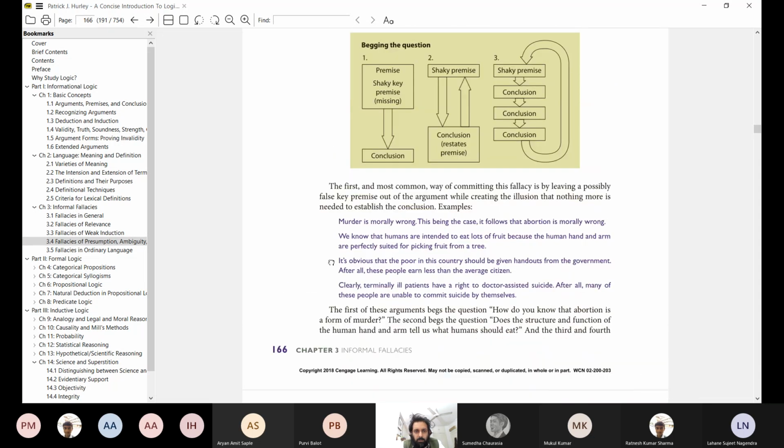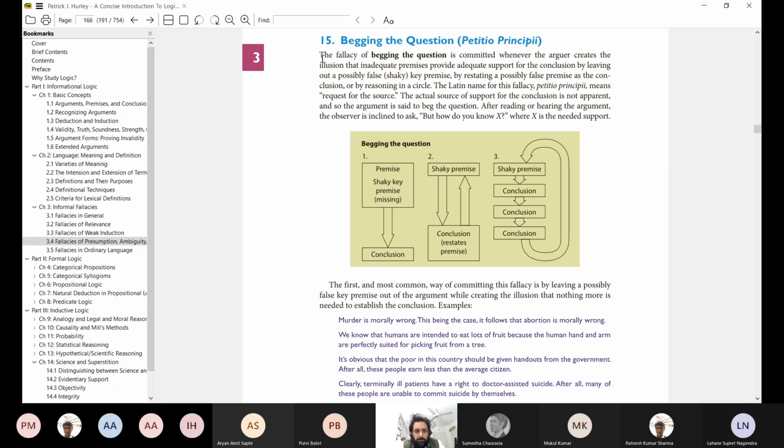Why don't we have Aryan start reading this paragraph that starts the fallacy of begging the question. All right. The fallacy of begging the question is committed whenever the arguer creates the illusion that inadequate premises provide adequate support for the conclusion by leaving out a possibly false or shaky key premise, by restating a possibly false premise as the conclusion, or by reasoning circularly.